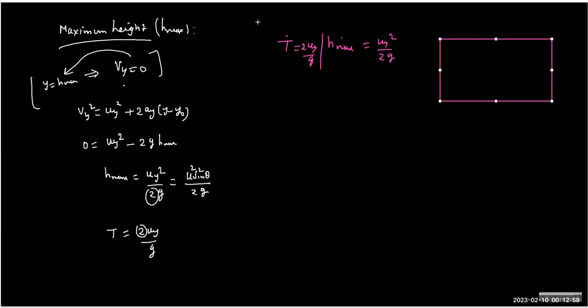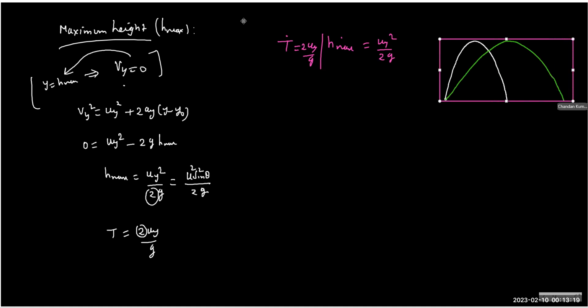If I have a ceiling and a floor, let's say I throw a projectile, one goes this way and another goes this way.